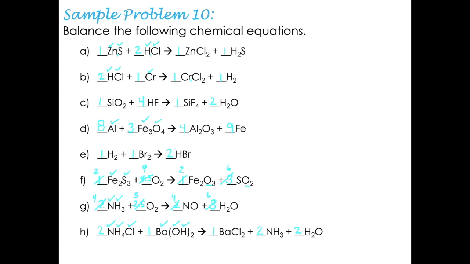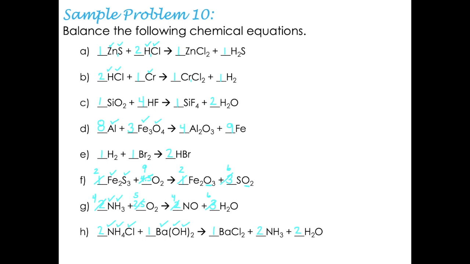So I balanced chlorines first, which means I had to double this coefficient here and then leave this coefficient as a 1. Once I did that, I can now balance nitrogens. So I need to have 2 nitrogens in my products to match the 2 in my reactants. And because I balanced chlorine, I can then balance barium. So there's a 1 here.